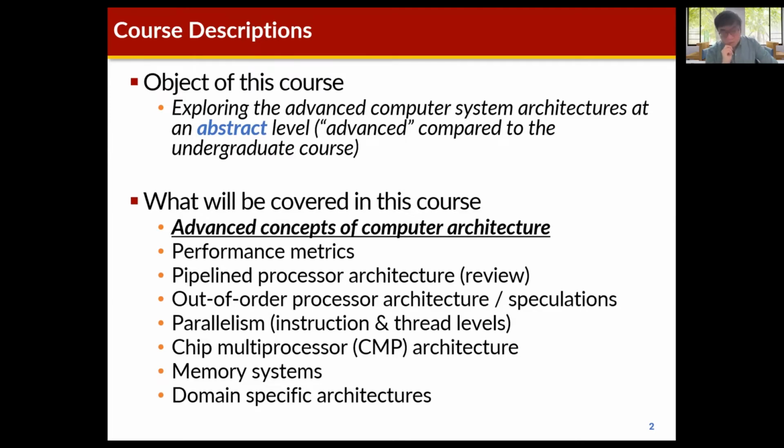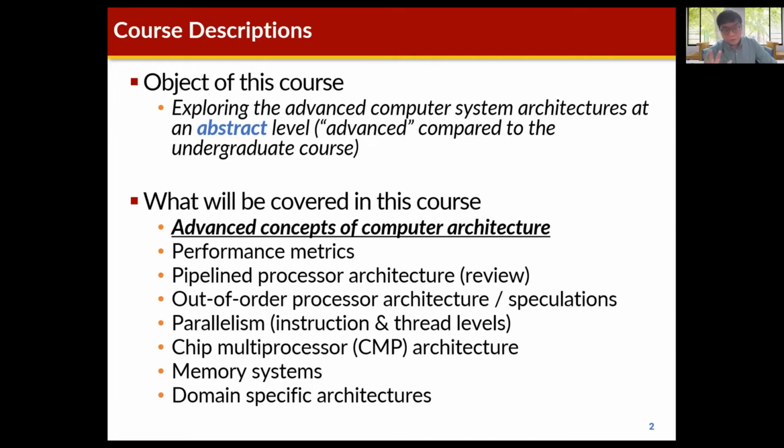So currently many researchers have interest in domain-specific architectures. What is a domain-specific architecture? It's similar to the GPU, the graphics processing unit. Graphics processing units are designed for supporting graphics applications.